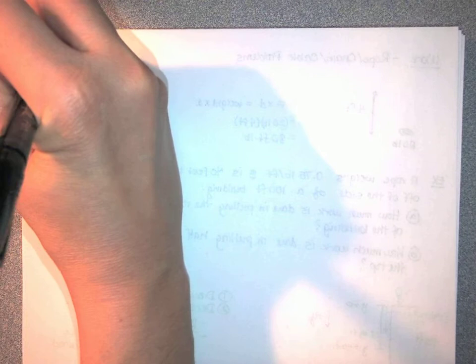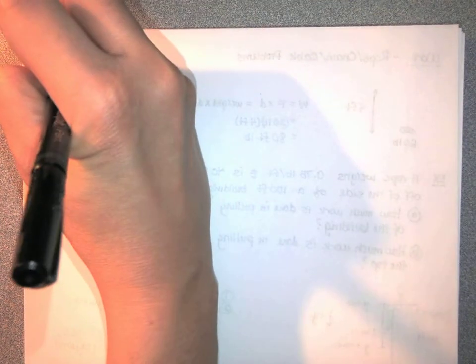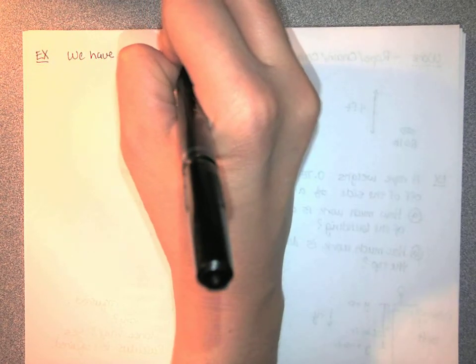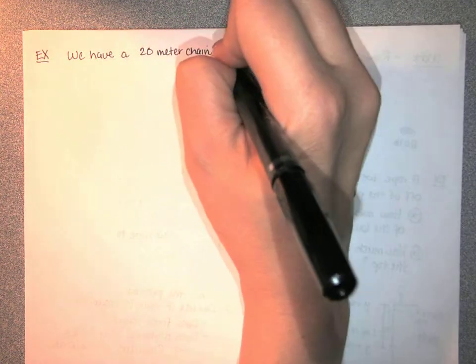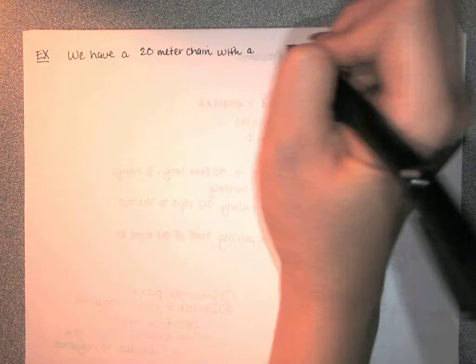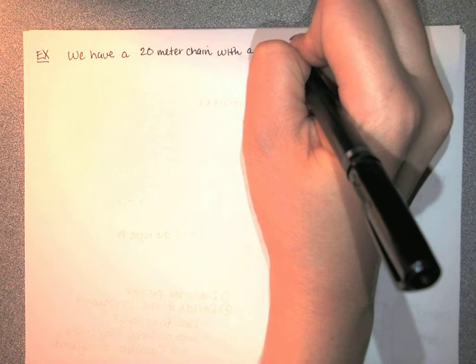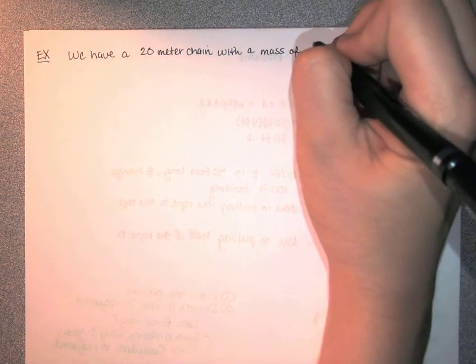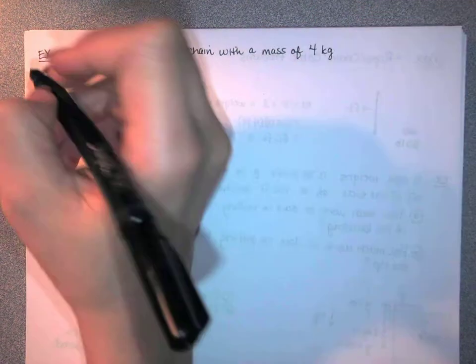Now for our second example, let's say you have a chain. Say we have a 20-meter chain with a mass of, let's say, 4 kilograms, and it hangs from the ceiling.